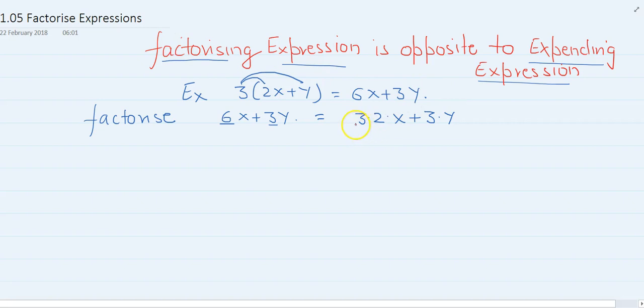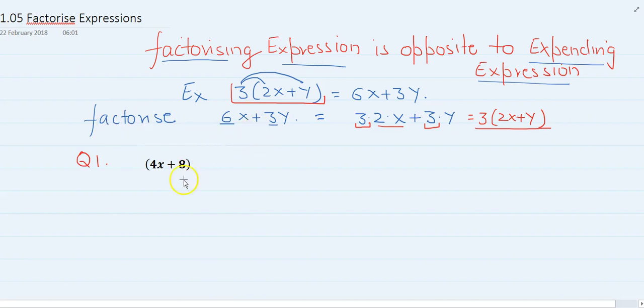Now here we can see that 3 is common. 3 is here and 3 is here. So we will take 3 as common, and the resultant will be 2x + y. So it is the same expression we had in the question when we were expanding.